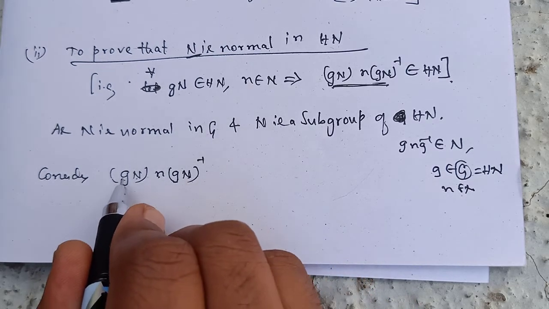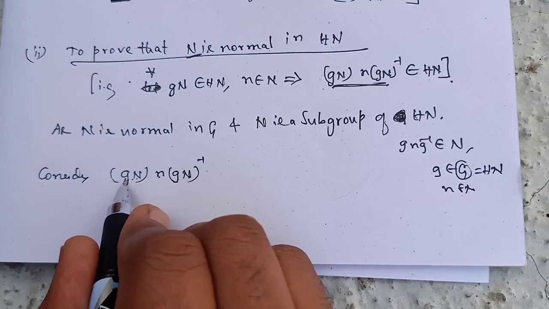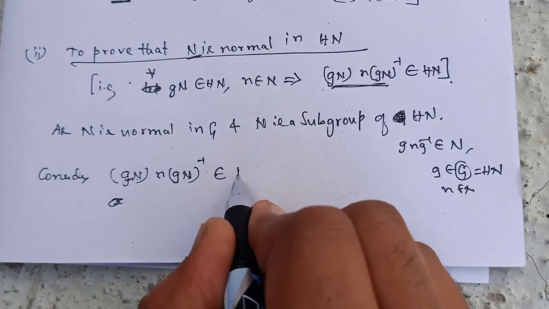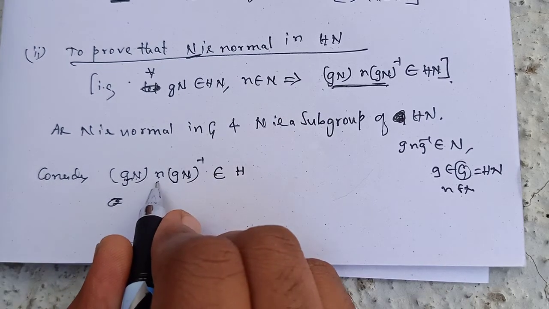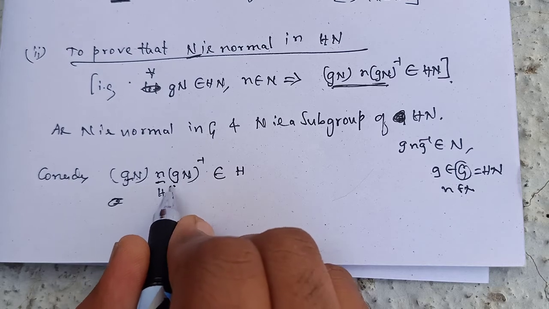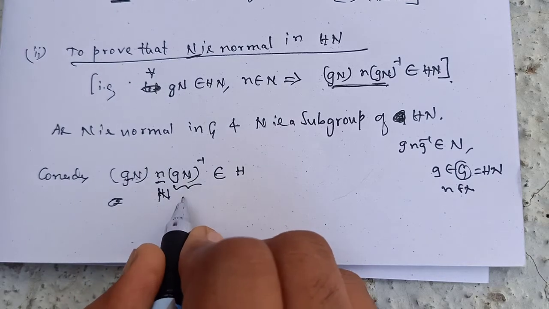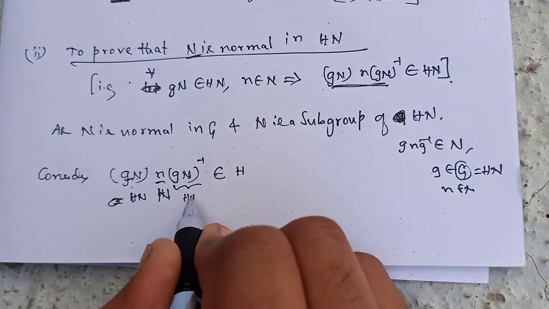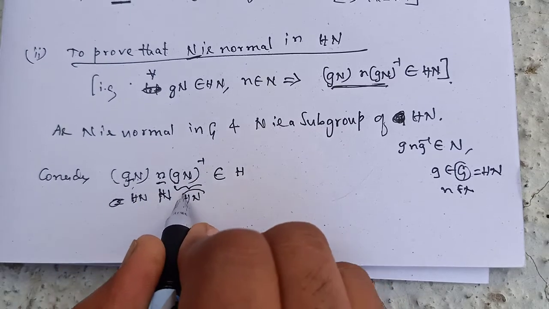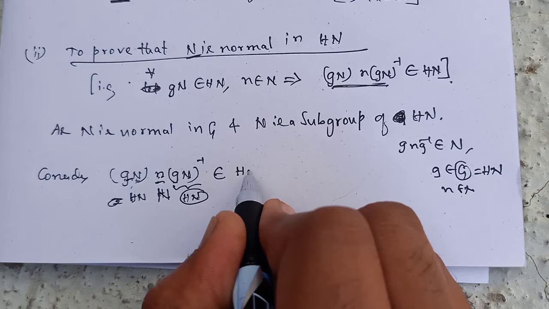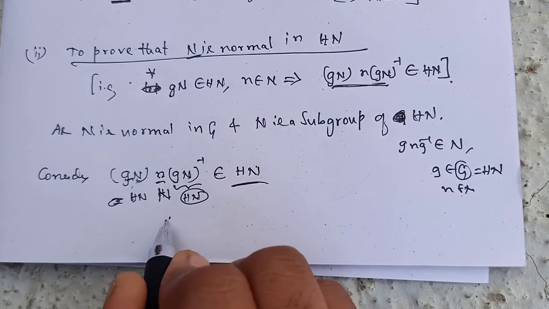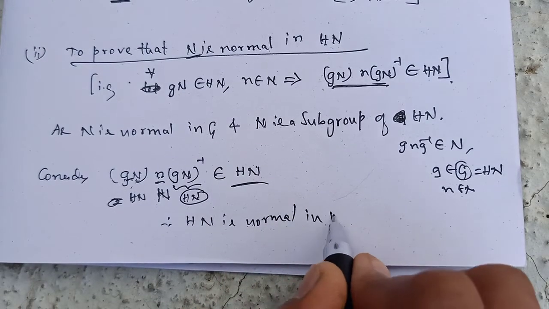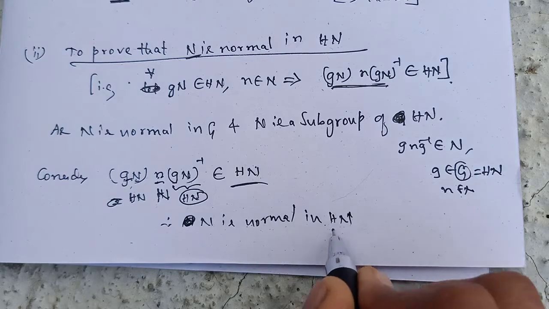Here gn is nothing but an element of HN. This is an element of N, and this is an element of HN. This is clearly an element of HN. Since HN is a subgroup, we can conclude that these things are in HN. Therefore N is normal in HN.